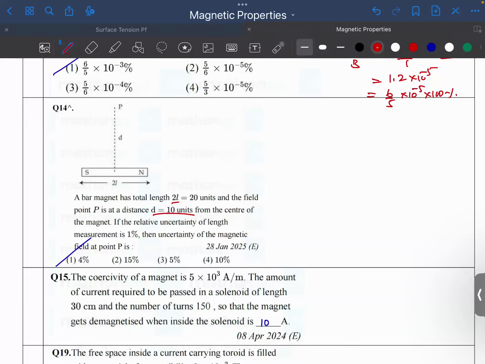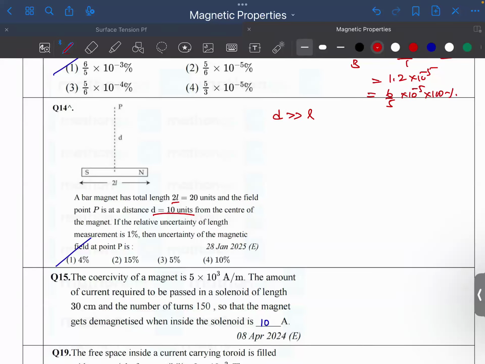The magnetic moment formula which we have applied does not contain the length term. Why? Because at that time we took the condition D much greater than L. But this is comparable.